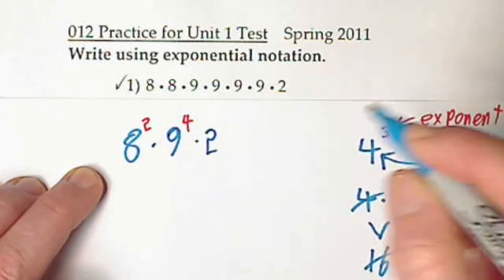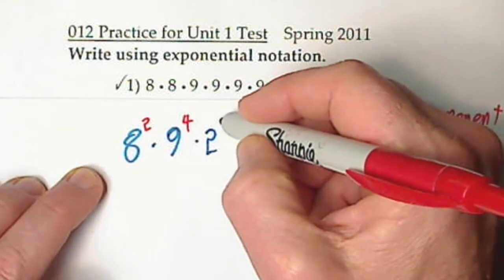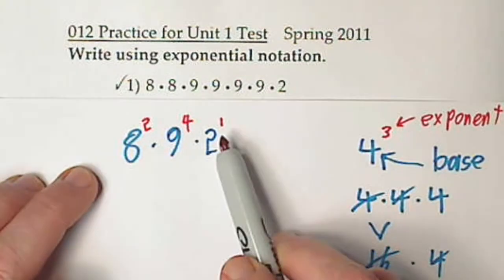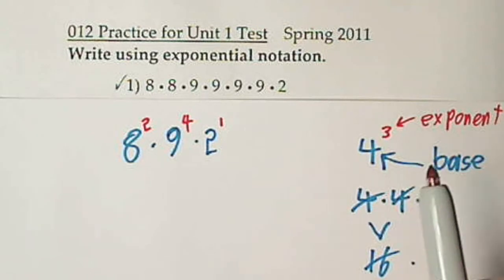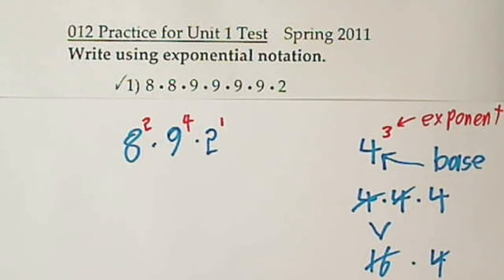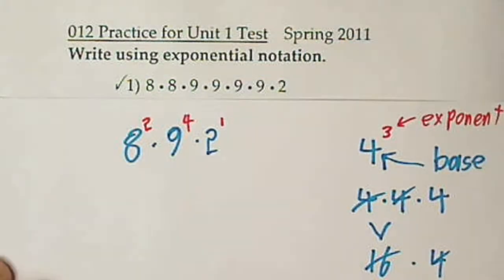So I could leave it like this, or I can put a 1 up here. This 1 is always understood to be there, whether or not it's written. But if you want to write it explicitly, that's fine. So this is written using exponential notation.